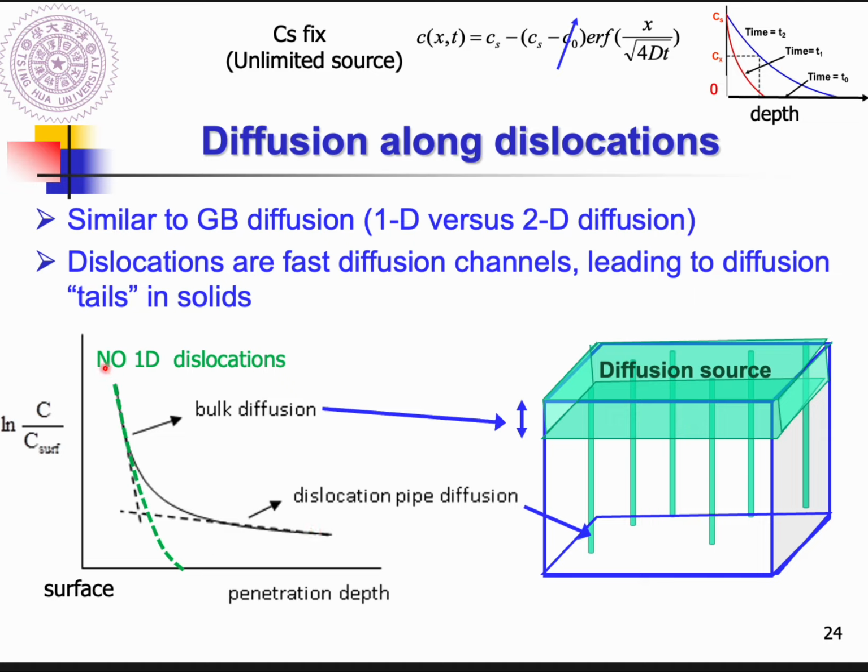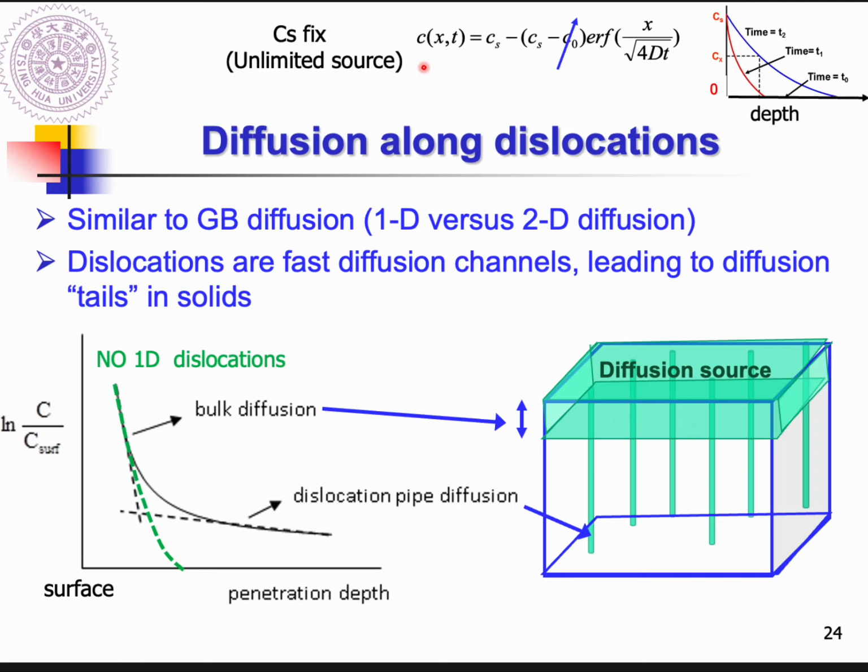But if there is no one-dimensional dislocation, then in the deeper region we cannot observe any diffusing atoms. Okay, so this is the solution you learned in lecture 3.